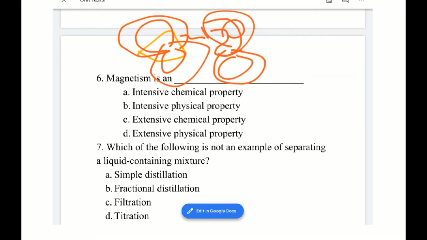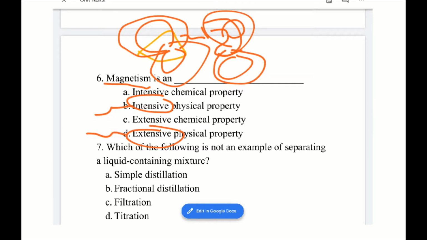Now, I won't go too deep into the concept, but what you need to know is that magnetic objects repel or attract other magnetic objects. So let's get back to this. Magnetism is what type of property? Well, is it an intensive or extensive property? Intensive properties are properties that don't depend on the amount, and extensive properties are properties that depend on the amount.